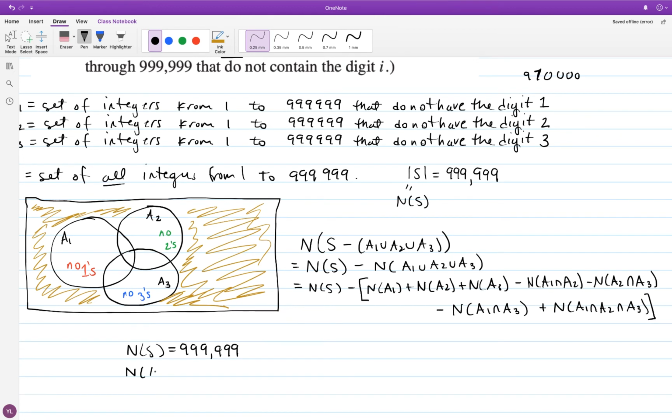How many integers are in A1, for example? Well, let's kind of get a drawing so I can help do like a multiplication rule count for the integers that fall into A1. So I'm trying to think of all the numbers I can construct with the digits from 0 to 9 that do not have the digit 1 in them.